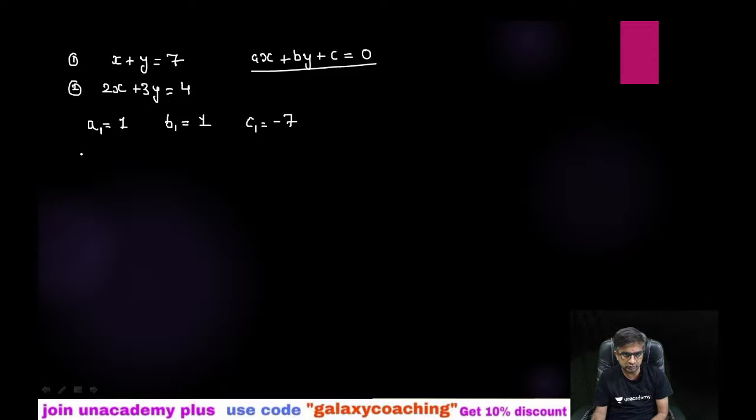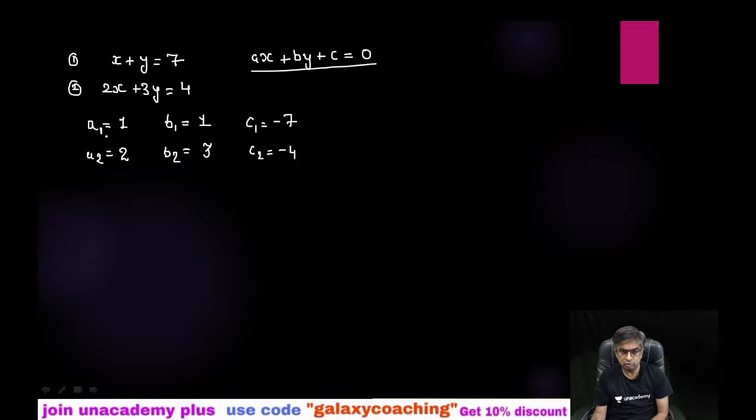Now from the second equation, tell me what will be your a2, b2 and c2. A2 will be 2, b2 will be 3 and c2 will be minus 4.